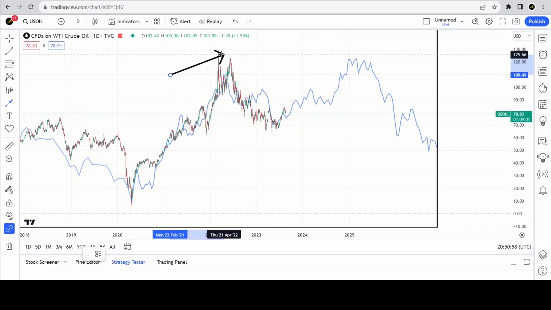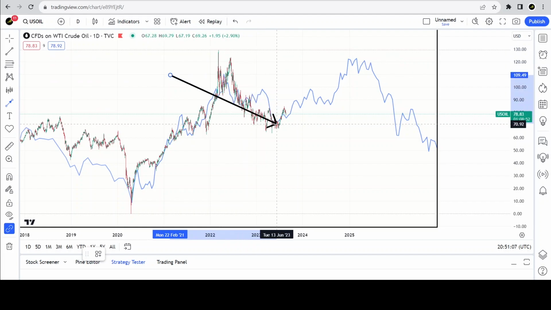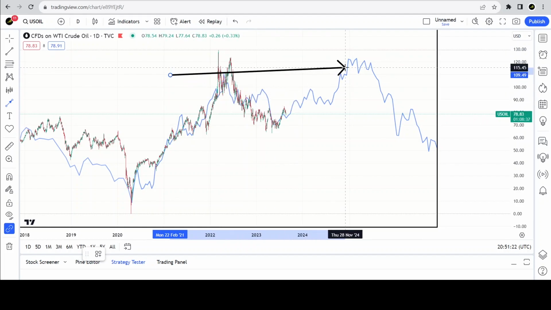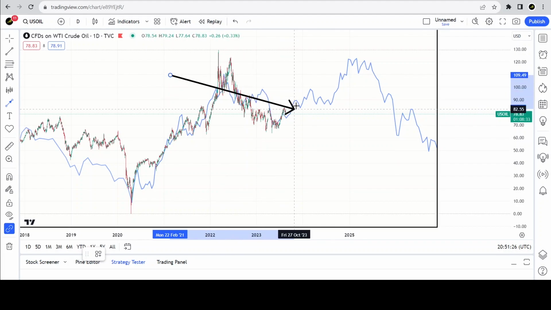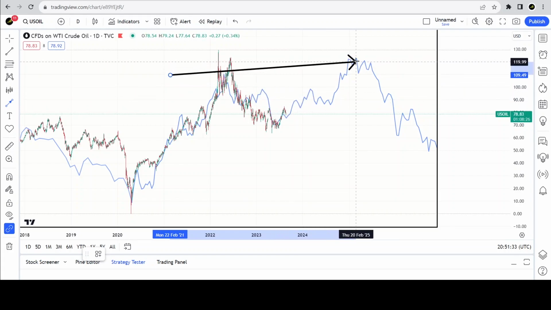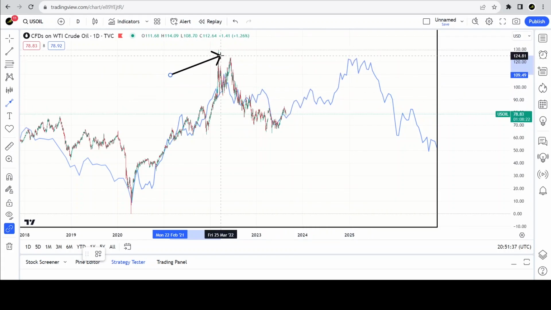So we have this peak that took place in 2022, and it roughly went up to $128, $129, and then it came down. So this peak is technically higher than this peak right here using this fractal. So there could potentially be a higher peak made than what was currently printed in 2022.